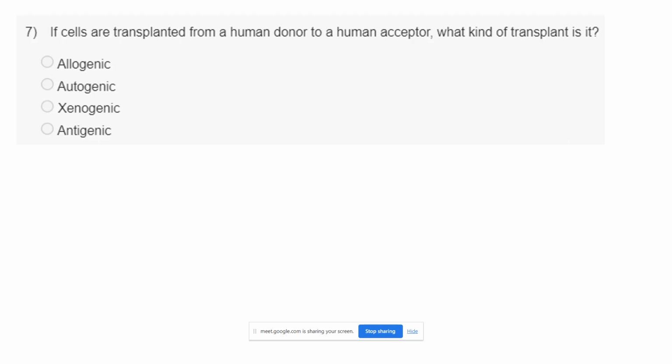Here both are human, donor and acceptor. Autogenic is transplantation in the same individual, when tissue from one part of the body is transplanted to some other part. Xenogenic is between two different species, for example from pig to human, or mouse to pig, when the donor and acceptor are from two different species.